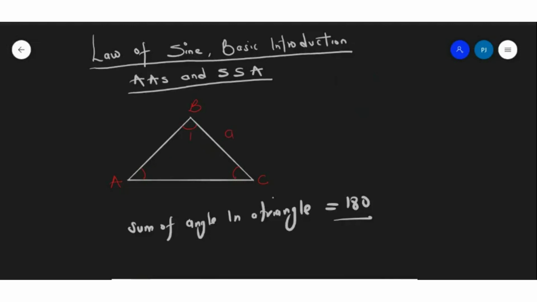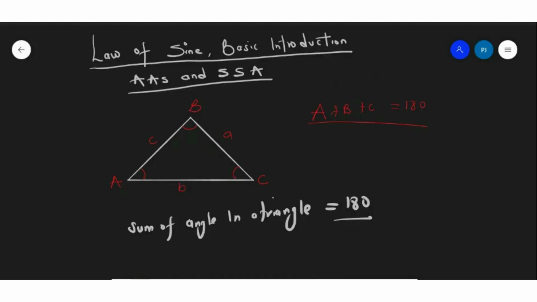The same thing applies: if this side is reflected down here, that means it will be my b. The same happens here: if this side is reflected at this point, that means it will be my c. So that tells you that the A plus the B plus the C is equal to 180, which is the total sum of angles in a triangle. But the sides are different.